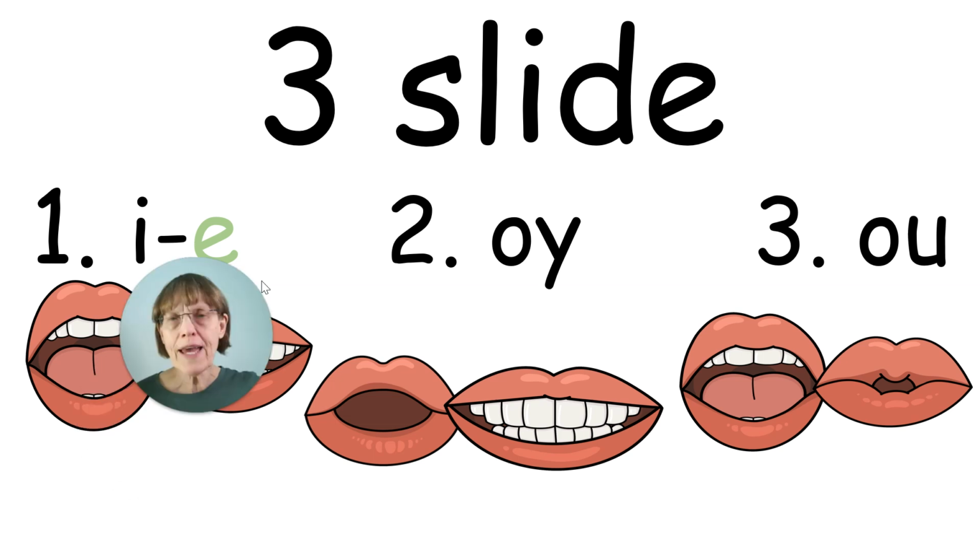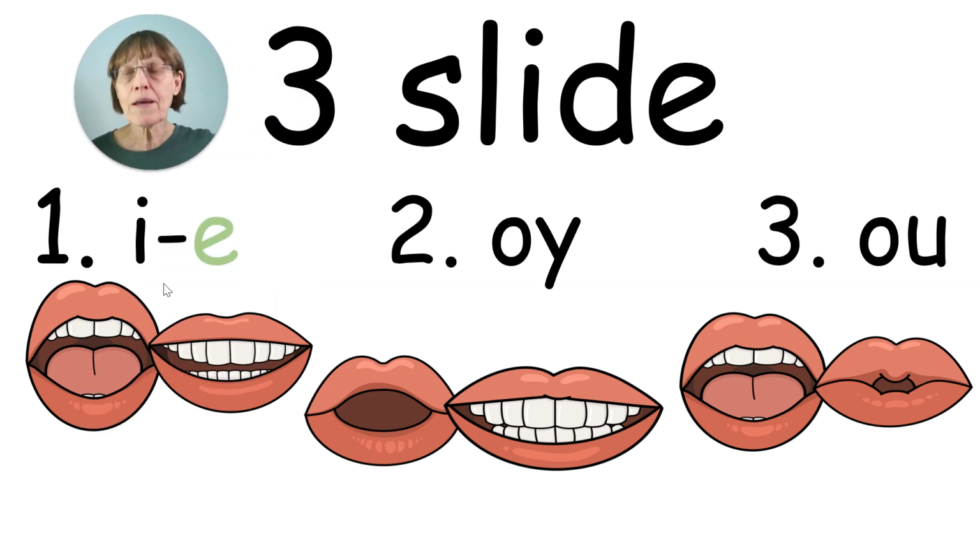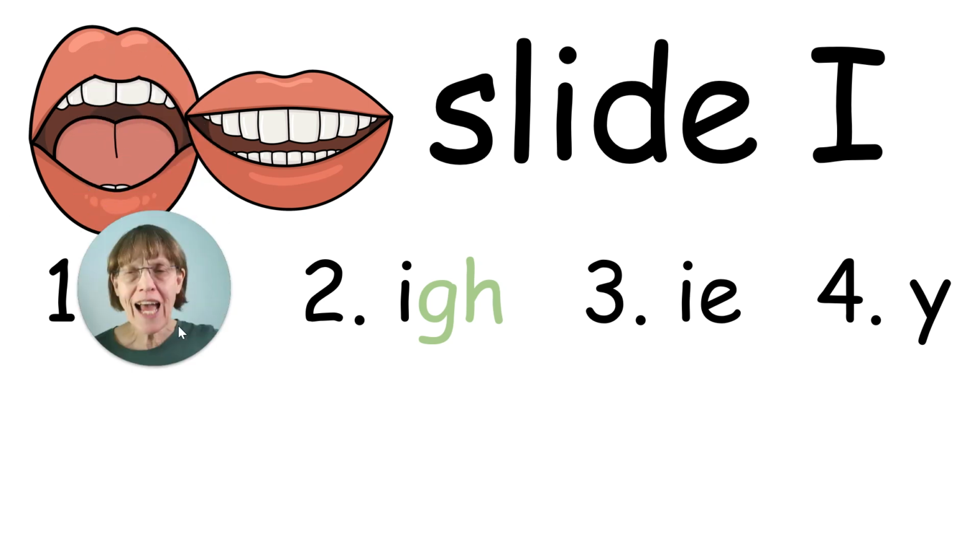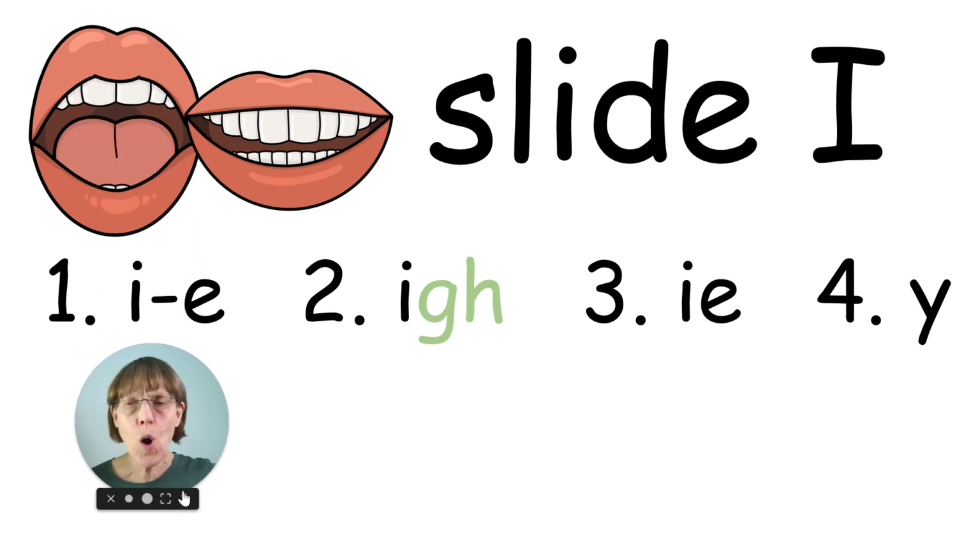Now we have 3 main slide sounds. We've got number 1, I, number 2, oi, oi, our mouth moves, our mouth slides, and ow, ow. So for slide I, we have 4 ways to spell I. We can spell I with a magic E with a consonant in the middle.